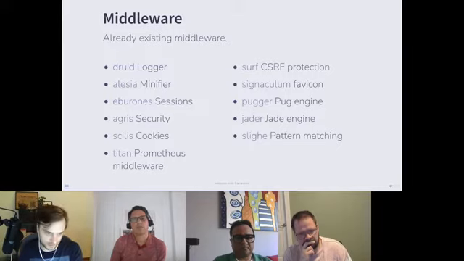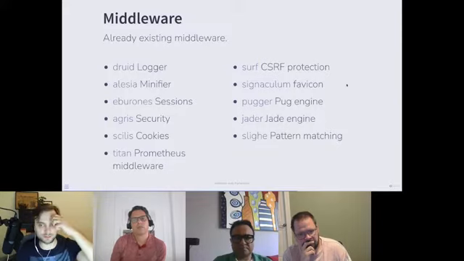And this is a list of them that I have written myself. So we have a logger, a minifier, so you can optimize the size of the HTML you send back, manage sessions, the security of how to secure your cookies or general security, Prometheus metrics, caching, favicon, plenty of other stuff that you can do. And I have some documentation online on how you can build those yourself.